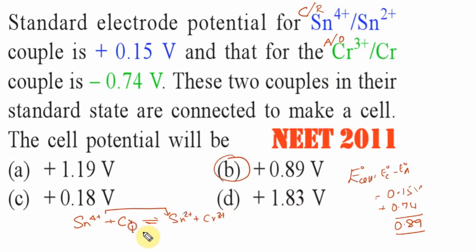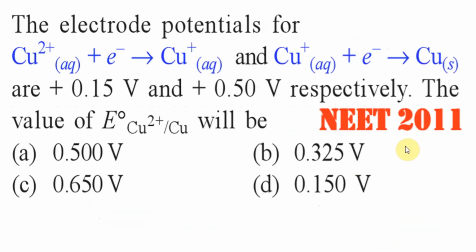Tin has gotten reduced, chromium has gotten oxidized. Whatever electron the tin wants is given by chromium. So this is a full reaction, one half cell reacting with another half cell. Because I'm reacting half cell and half cell to give a full cell, I don't have to go through the delta G formula, straightforward. Here is a good example that came in NEET 2011.